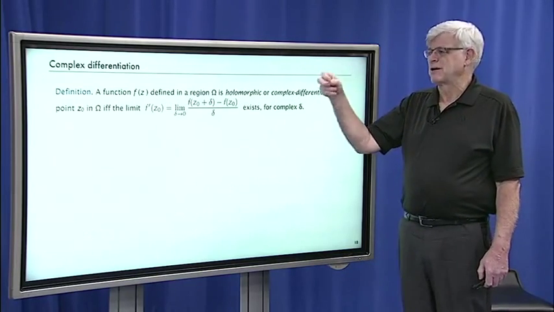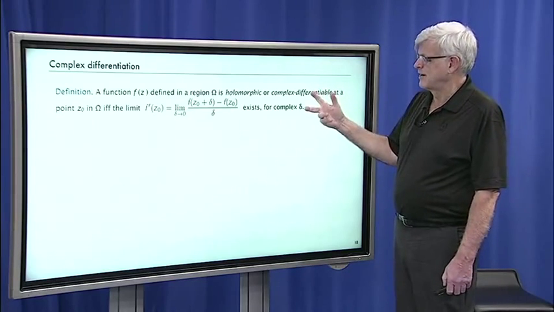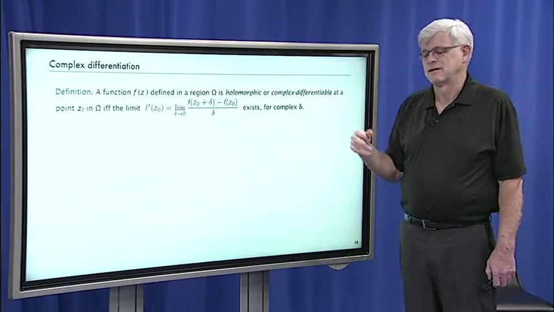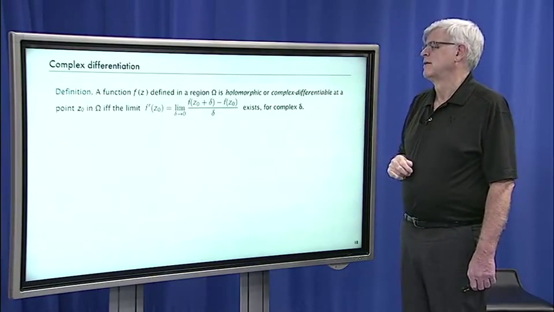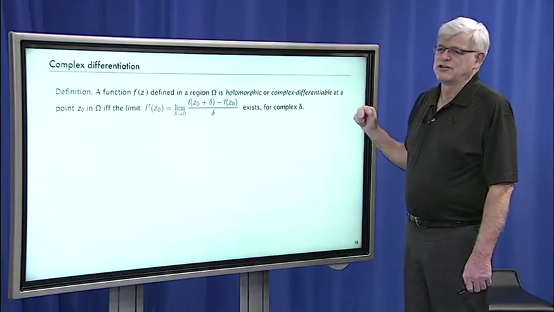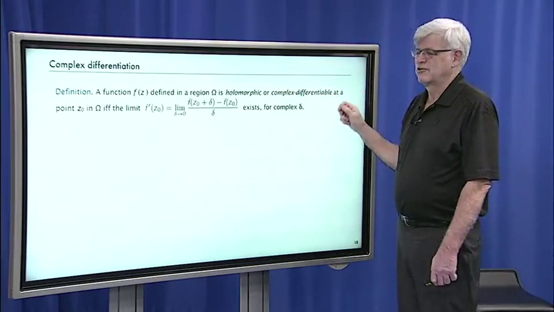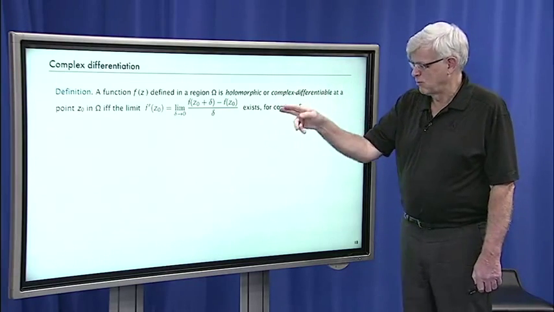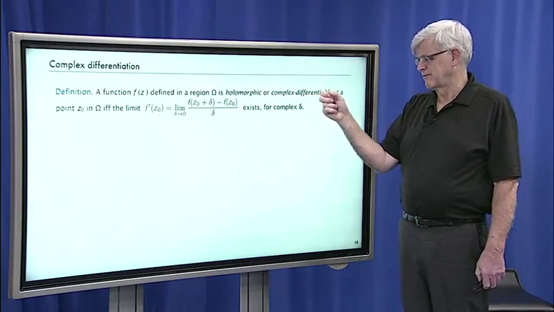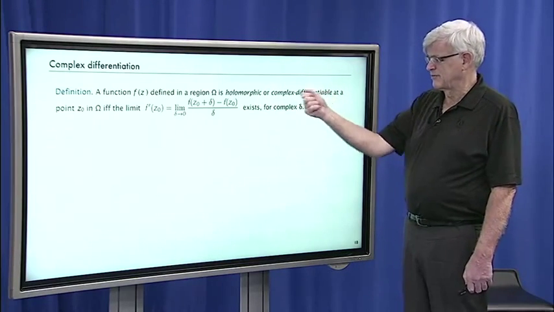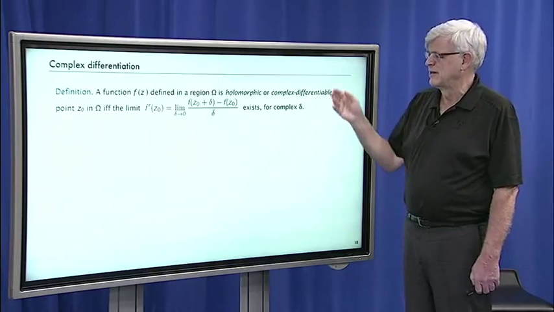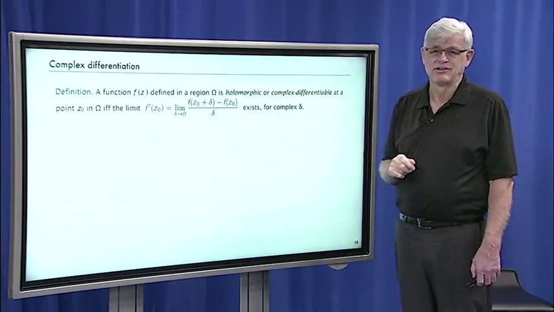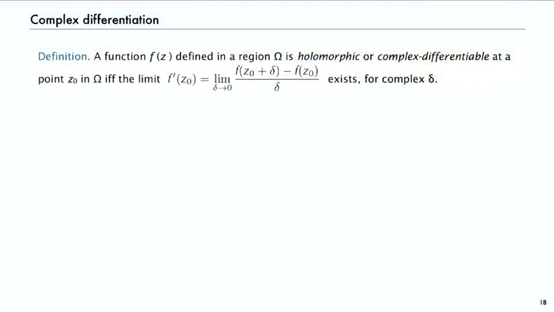And then there's the idea of complex differentiation. Well, we define that in the same way symbolically that we do for real numbers. A function is complex differentiable, or there's a special word called holomorphic, at a point, if this limit, f of z naught plus delta minus f of z naught divided by delta as delta goes to 0, exists for delta a complex number and z naught complex and f a complex function.